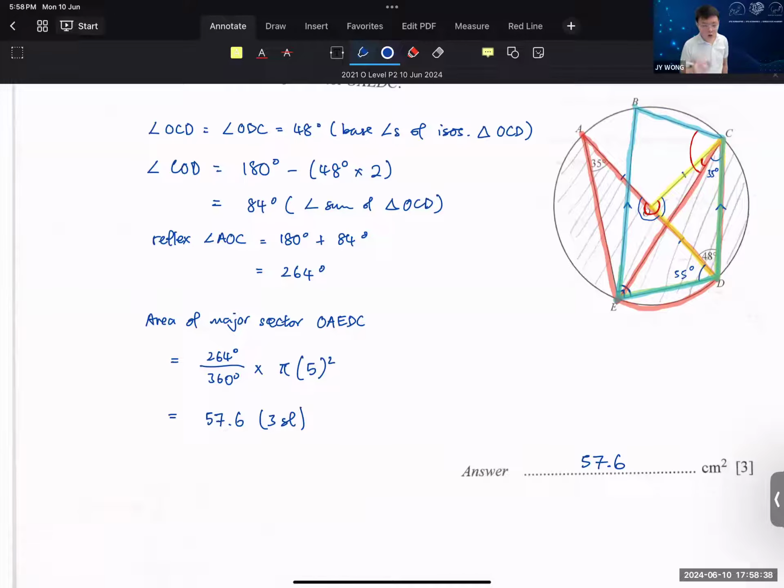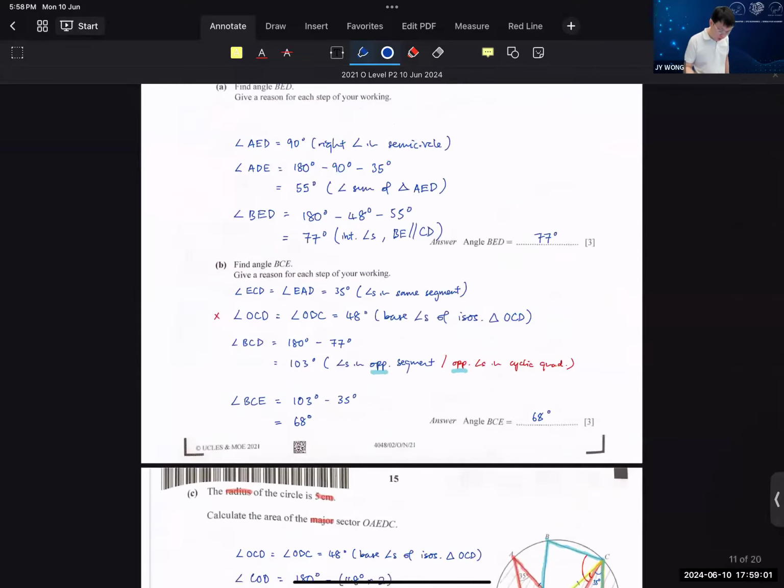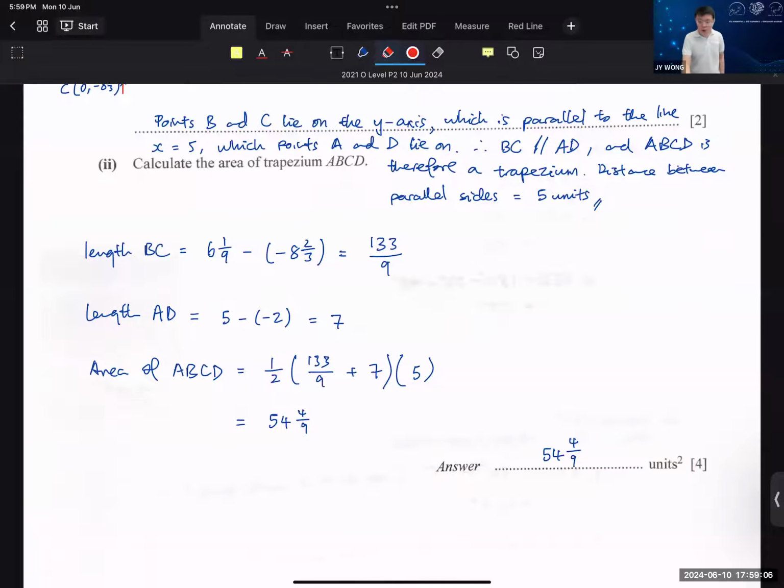Of course, angles, you notice that consistently they don't put units. But things like length in units, area in units squared, sometimes they give, sometimes they don't give. Strange thing. If you are wondering what I was talking about, I'm talking about this question. The area here, they give you units squared. But in 2022 and 2023, I don't think they gave it. You are supposed to write the units squared yourself. Strange thing.